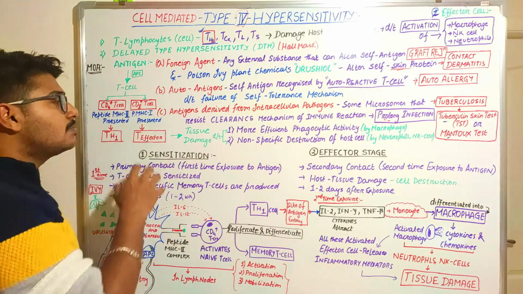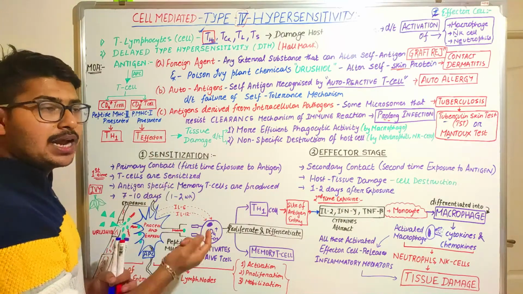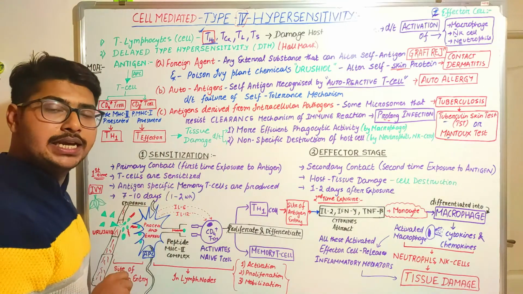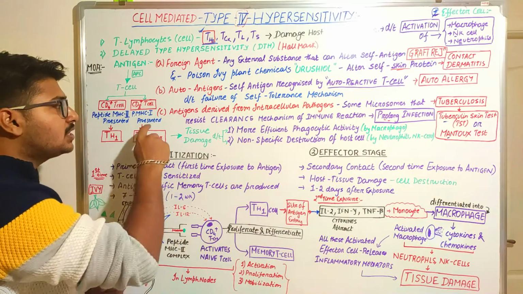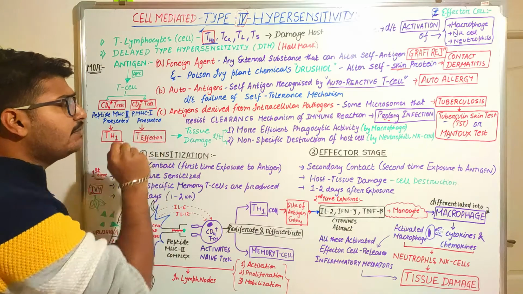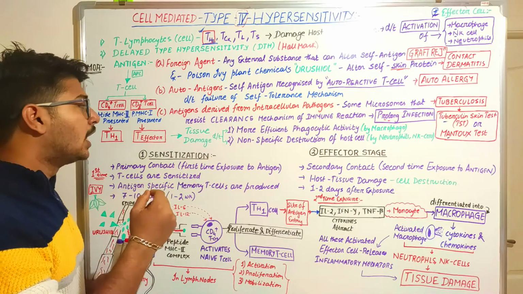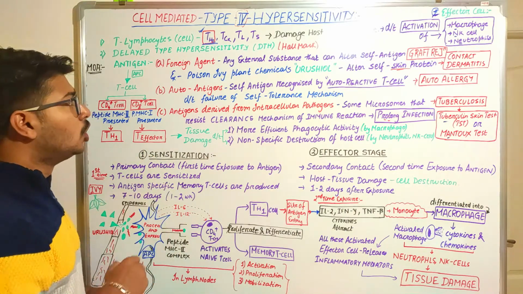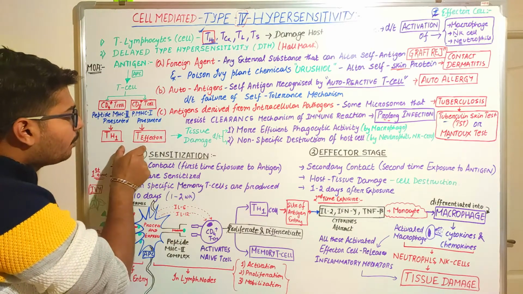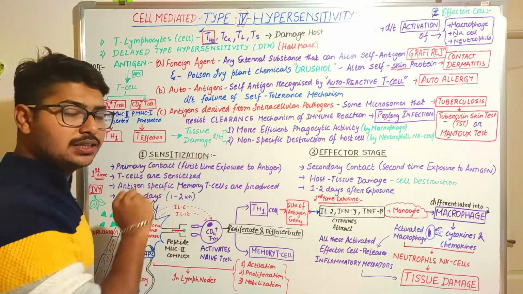Next, if the antigen presenting cell presents the antigen peptide with the MHC1 complex, then it will activate the CD8 plus T cell, which is an exceptionally rare condition. And if the CD4 T cell is activated, it will proliferate and differentiate into a T effector cell. So this antigen will be presented by the antigen presenting cell, and it will form these kinds of T cells. This T cell is going to mediate the process.